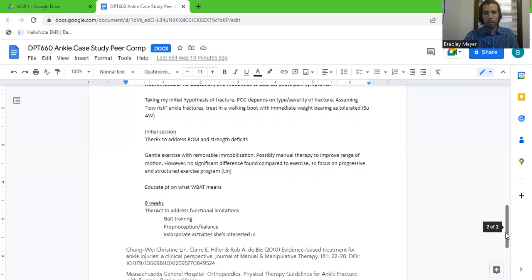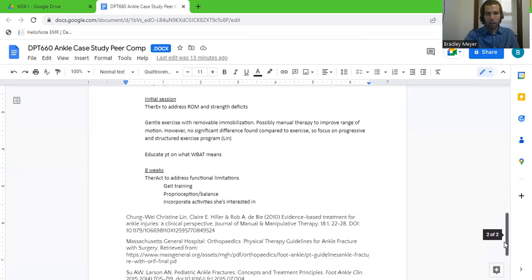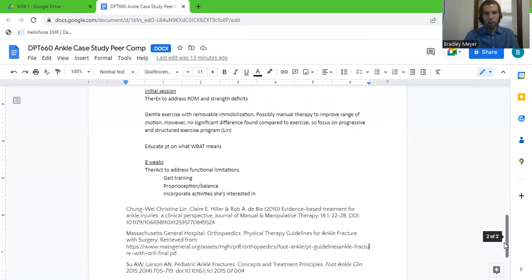So early weight bearing is good, but I want to make sure that she's not pushing past her limits of tolerable weight bearing, but also getting her to weight bear, not avoiding bearing weight on that limb. And then after 8 weeks, use more therapeutic activity to address functional limitations.